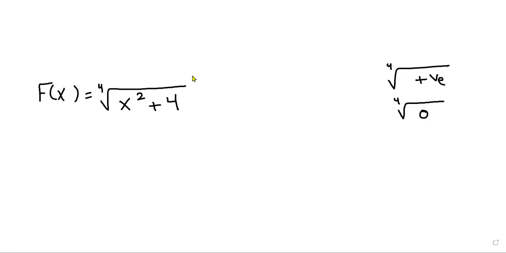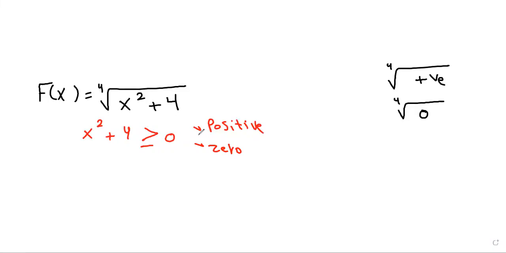So we put x squared plus 4 greater than or equal to 0, because we need positive values and 0 only.